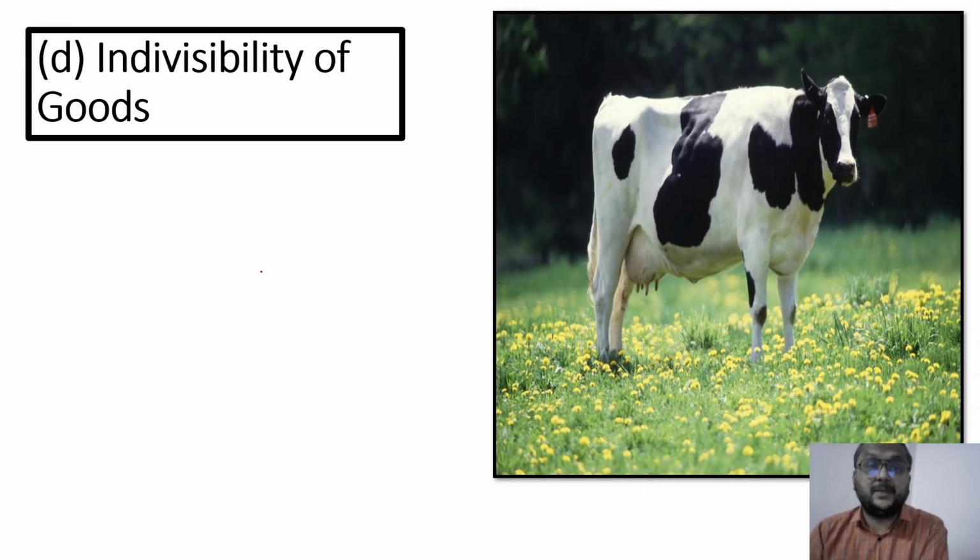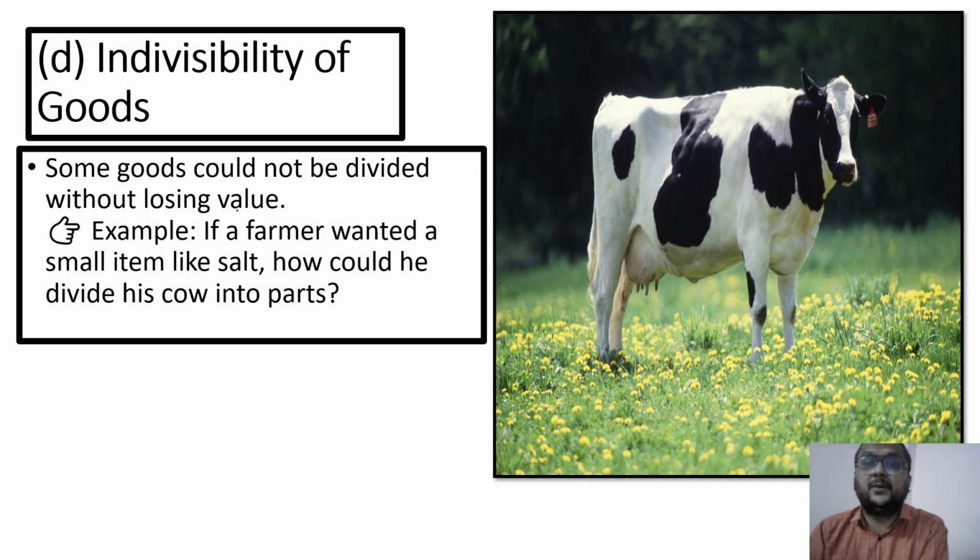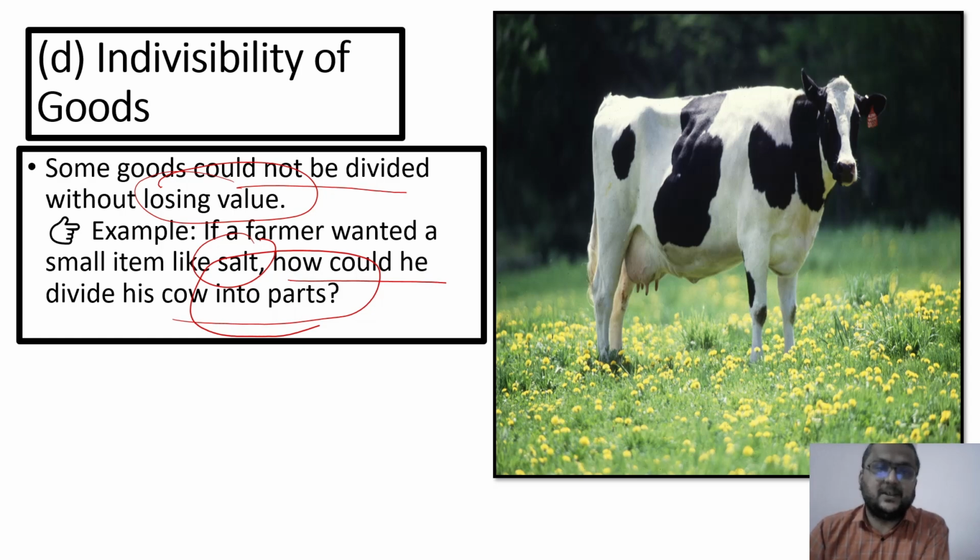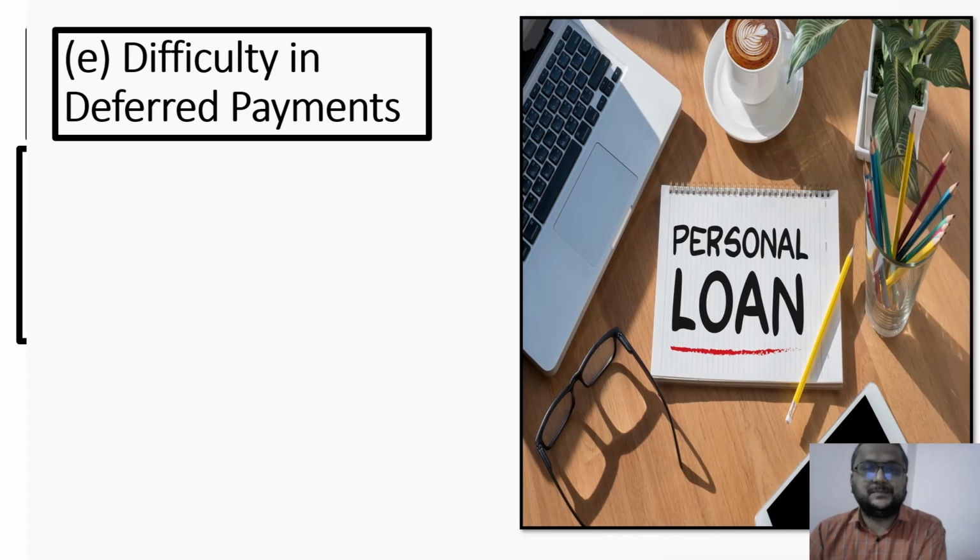The fourth problem is indivisibility of goods. Some goods could not be divided without losing their value. For example, if a farmer wanted a small item like salt, how could he divide his cow into parts? That is not possible, or it is difficult. So indivisibility of goods is one of the problems in the barter system.